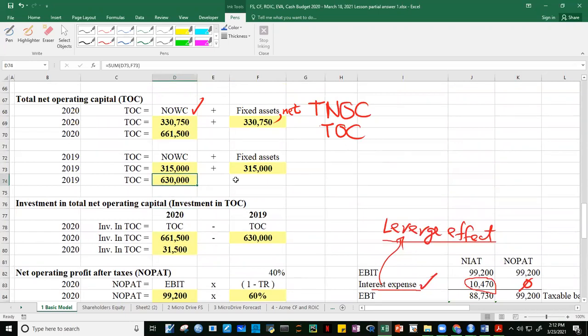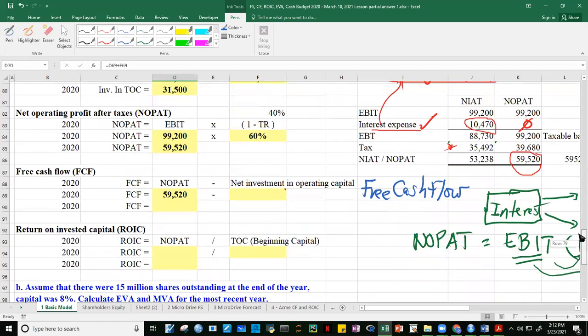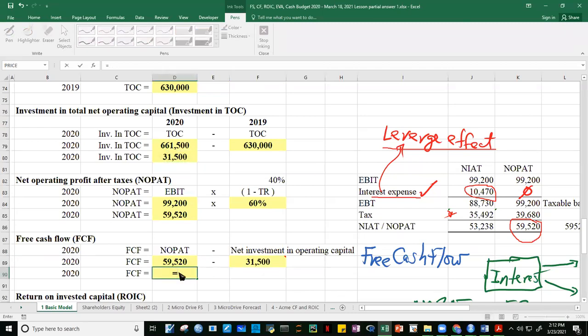Tapos naging 661,500. Therefore, ang nagdagdag guys is 31,500. So, ang net investment natin, yung dinagdag natin sa operating capital, is 31,500. Therefore, ang free cash flow natin is yung NOPAT minus yung net investment.